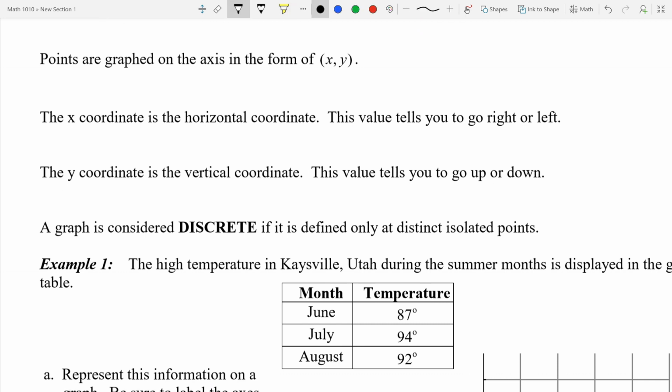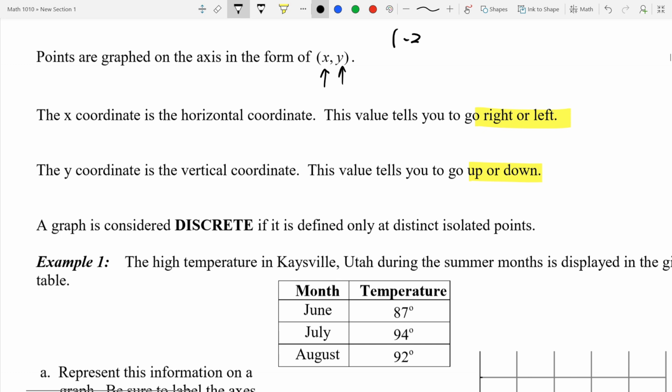I need you to remember how to do that. This number right here tells you to go right or left. And the one underneath it tells you to go up or down, okay? So, for example, if you had (-3, 4), everybody write that down. You start at the origin, you go left 3, because the first one's a negative.